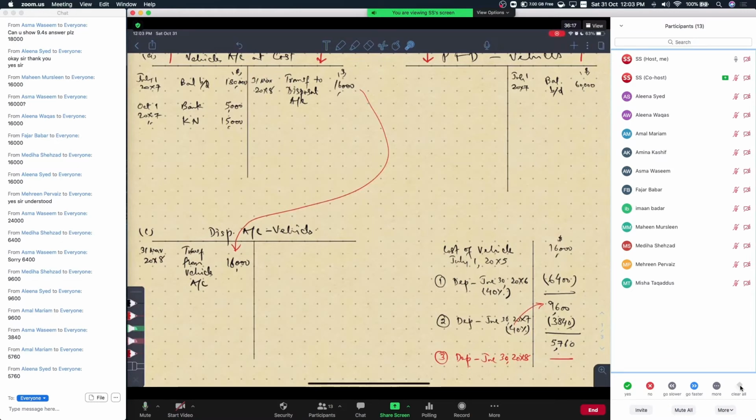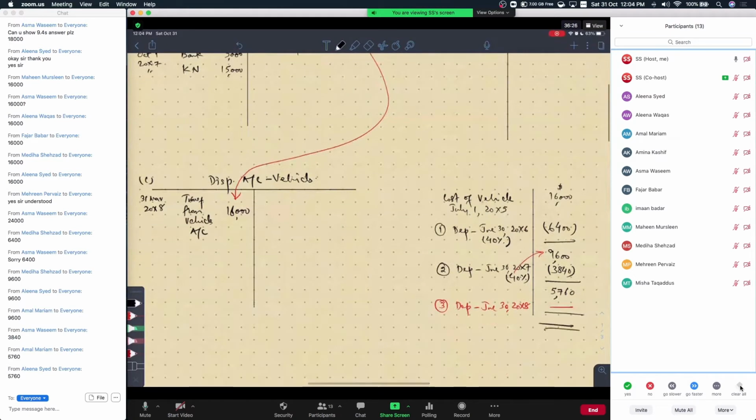So that means, Alina Sayyed, very good, 5,760 is our final net book value. We will stop charging depreciation after the asset has been disposed of.